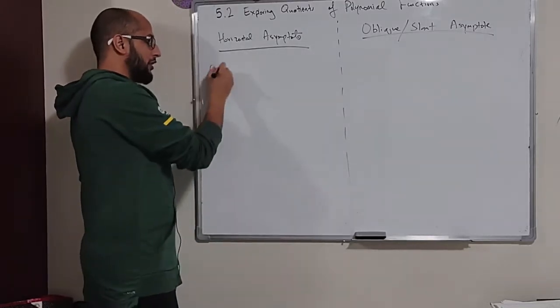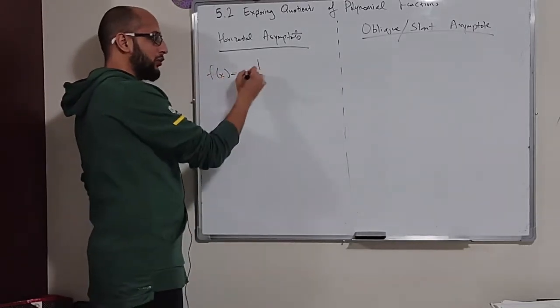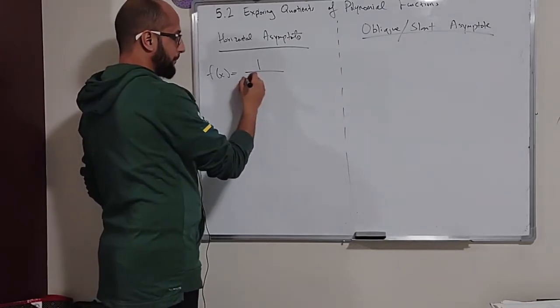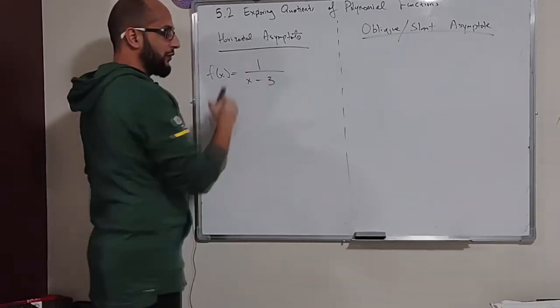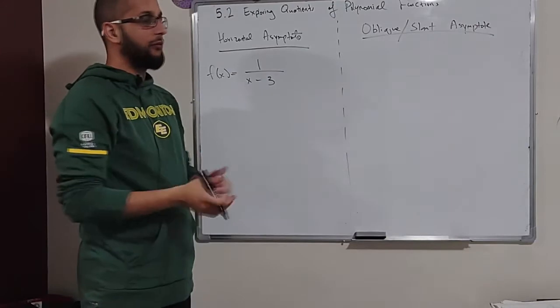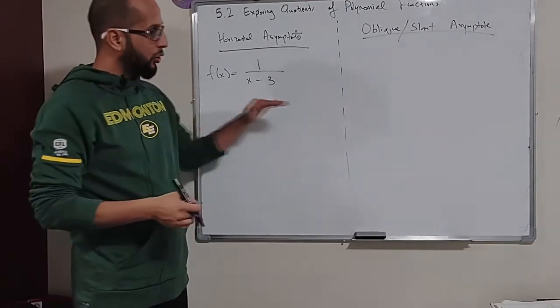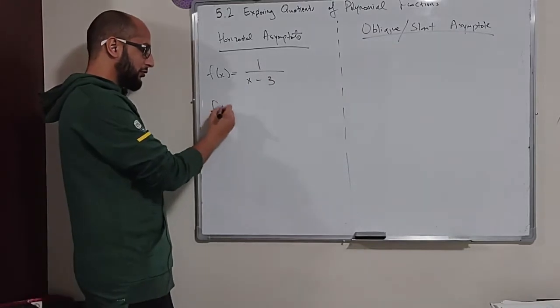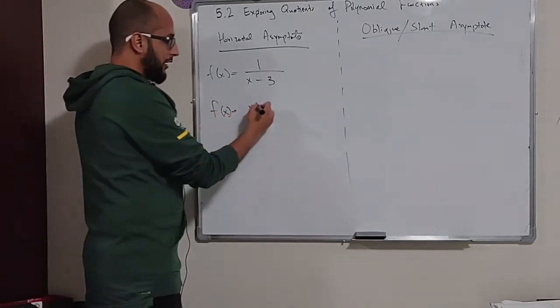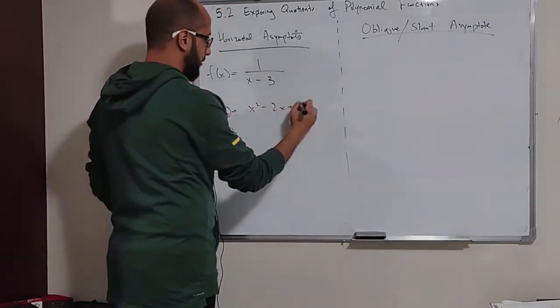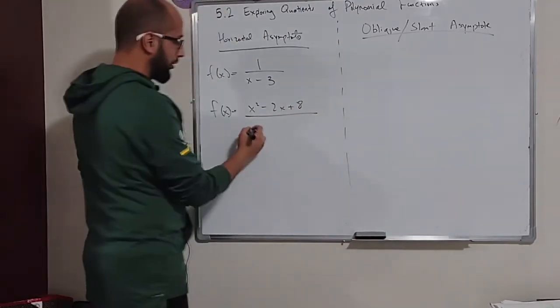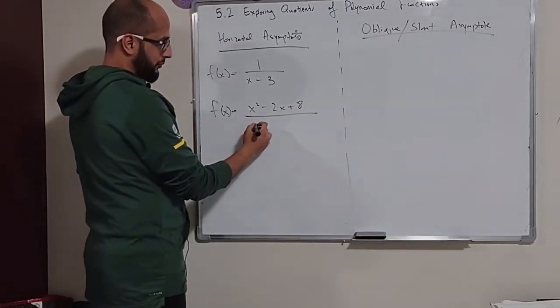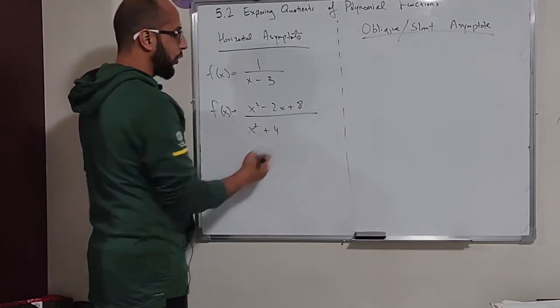What do I mean? So if we have f of x is equal to 1 over x minus 3, for example, what you would have done in 5.1, they all have a horizontal asymptote, which is the x-axis. Another example would be if we had x squared minus 2x plus 8 over x squared plus 4.